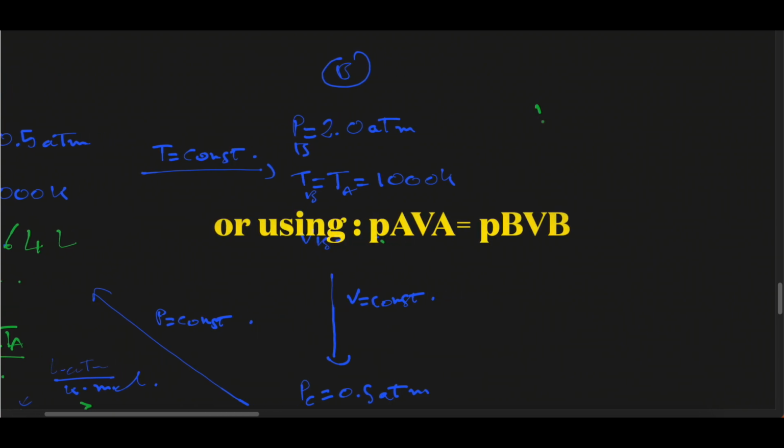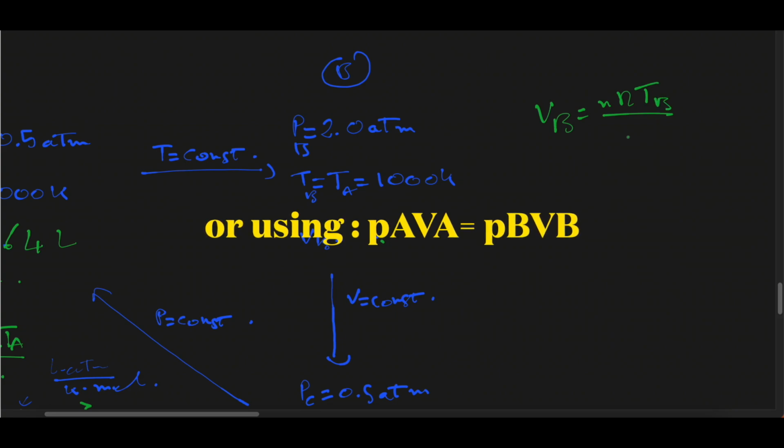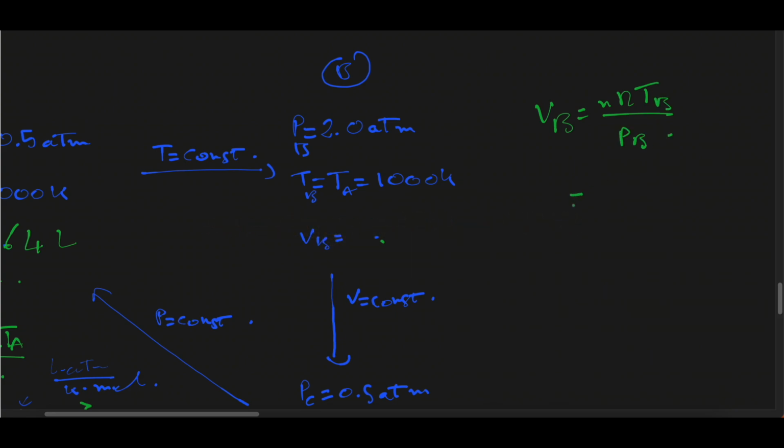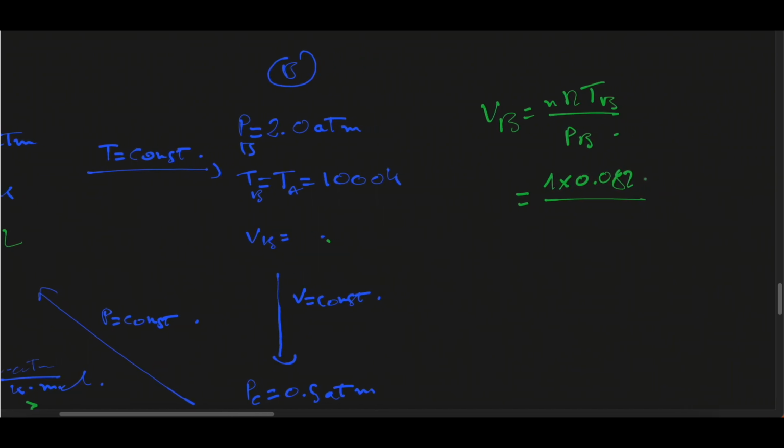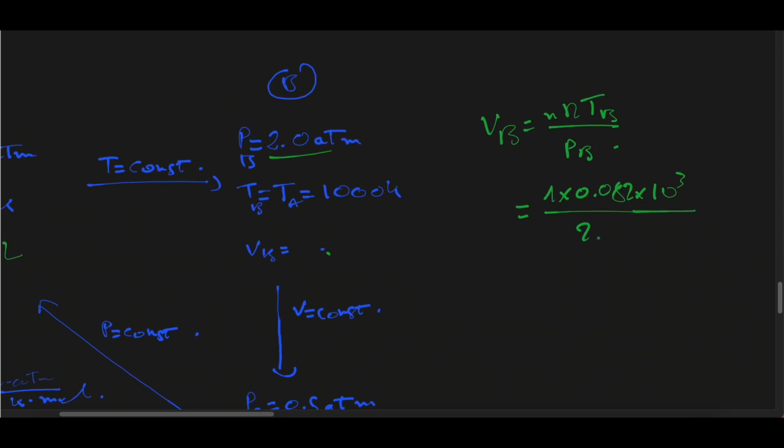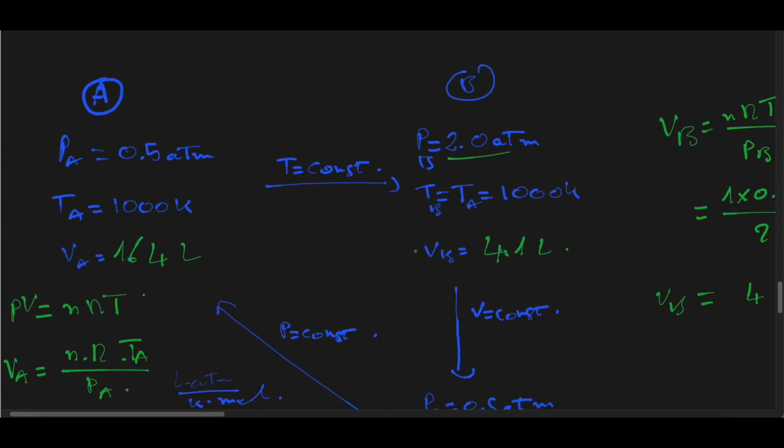So the volume in state B is equal to nRT in state B over P in state B. Here we have 1 times 0.082 times 1000 Kelvin, but here we have 2 atm, and we get a value of 41 liters. We remark that the volume has decreased and the pressure has increased, which means that we have a compression process.